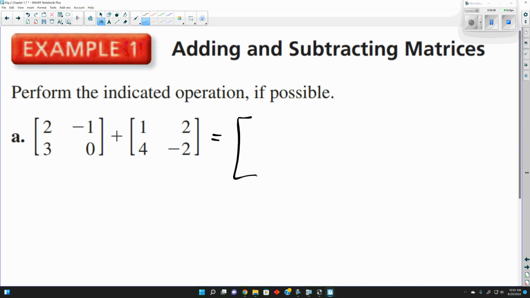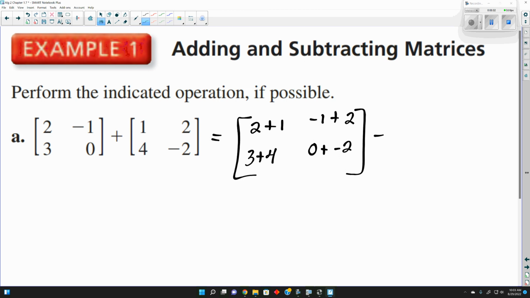So we would do 2 plus 1, top left, top left. Then we would have -1 plus 2. And the next spot, and lastly, 0 minus 2 or 0 plus -2, both are the same thing.